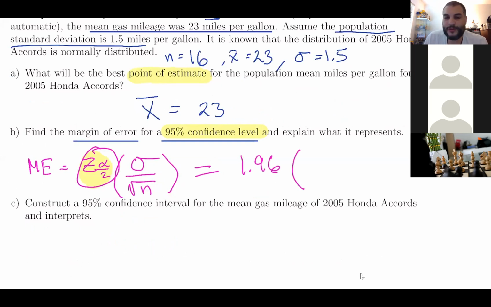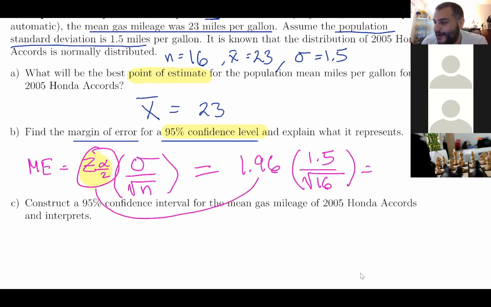Now what I want to do is multiply by the standard deviation, where standard deviation is 1.5, and divide this by the square root of n, where n is 16. So for z alpha divided by 2, you replace that with the 1.96, and then you just multiply by standard deviation divided by square root of n. Everybody good with how I got 1.96 multiplied by 1.5 divided by square root of 16?